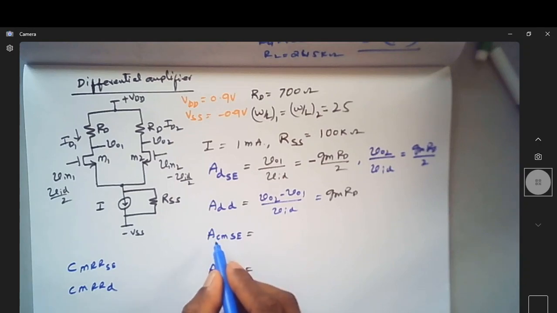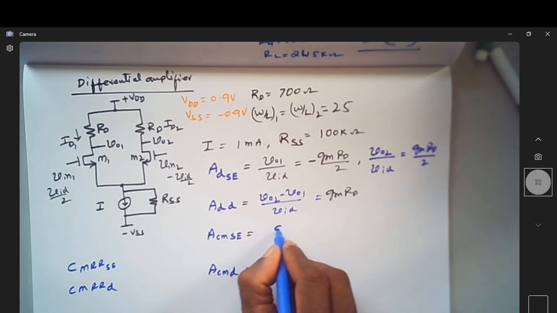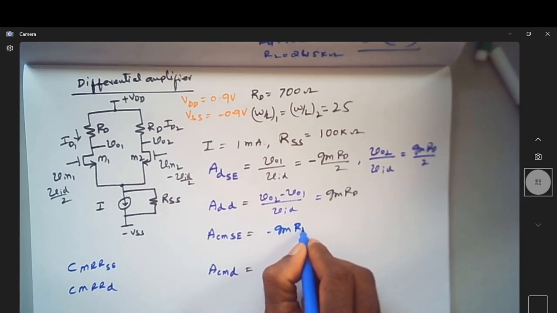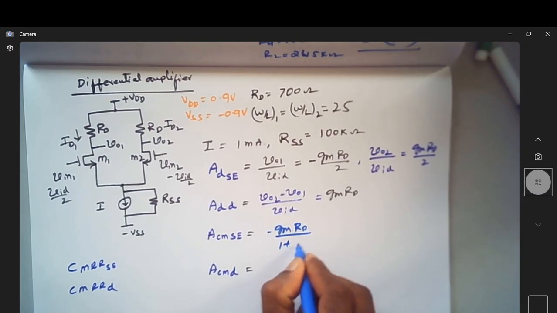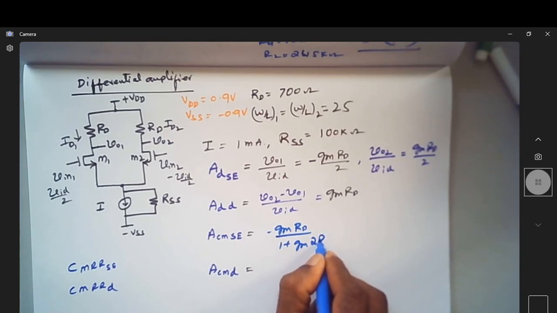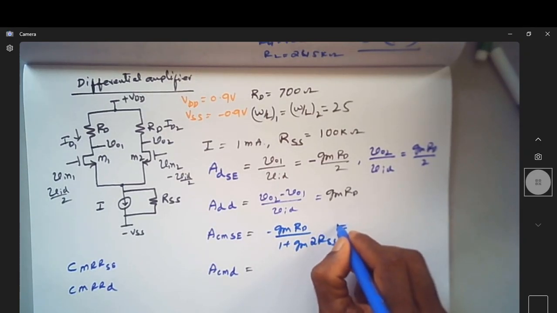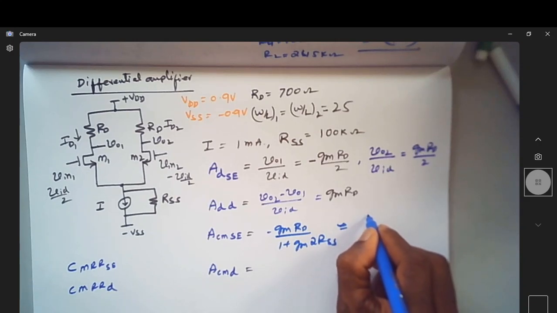And what is ACM? This will be equal to minus GM into RD by 1 plus GM into 2 RSS, which you can approximately write as RD.